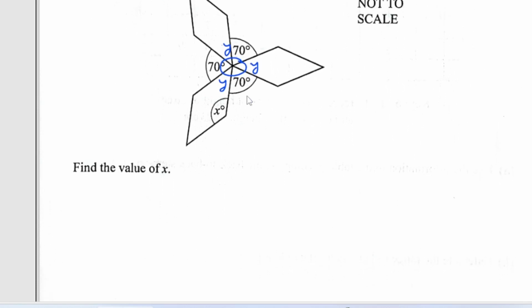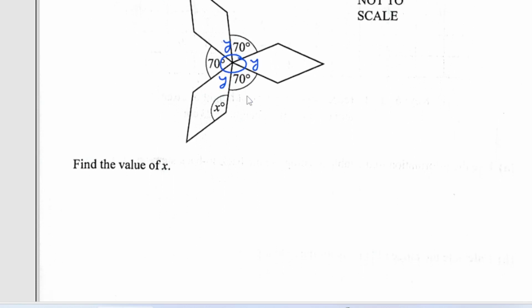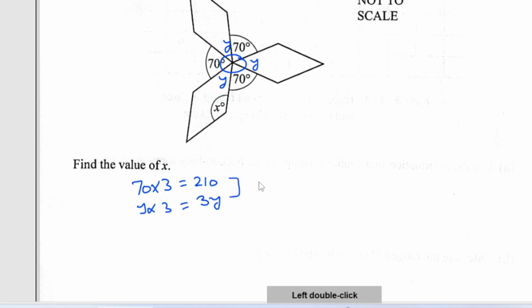So this is going to be 70. We have this 70 coming 3 times, which is 210, and then we have 3 y's, which is 3y. If you add these two, 210 plus 3y, this will be 360.